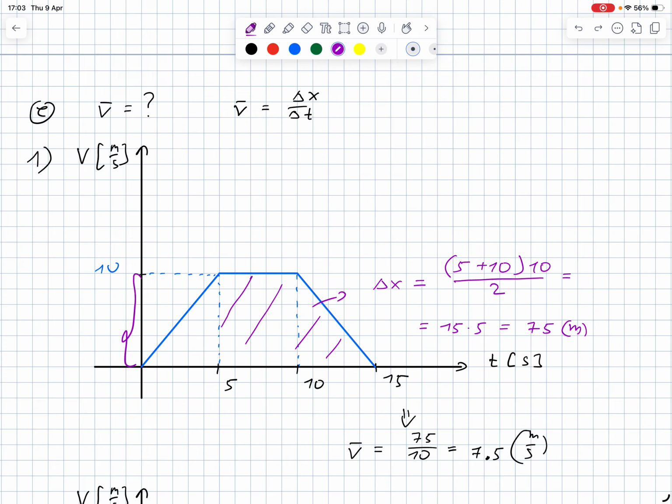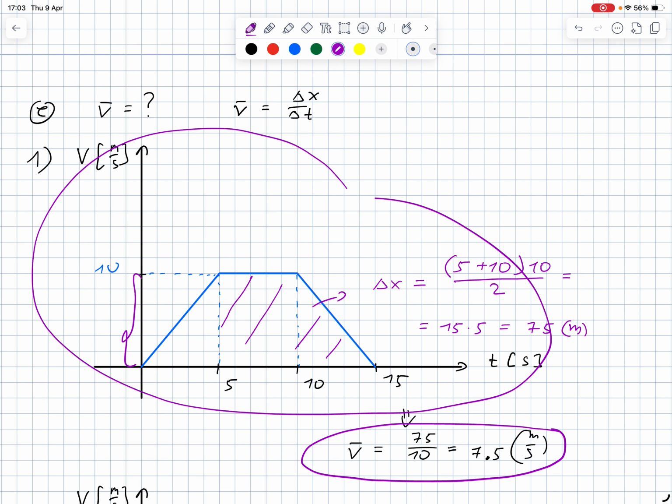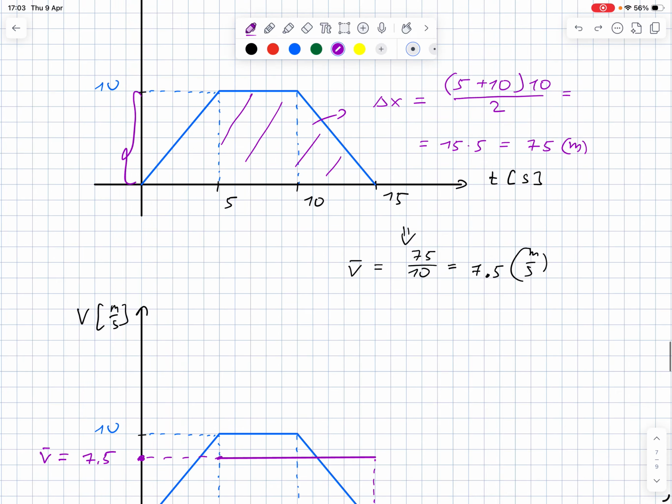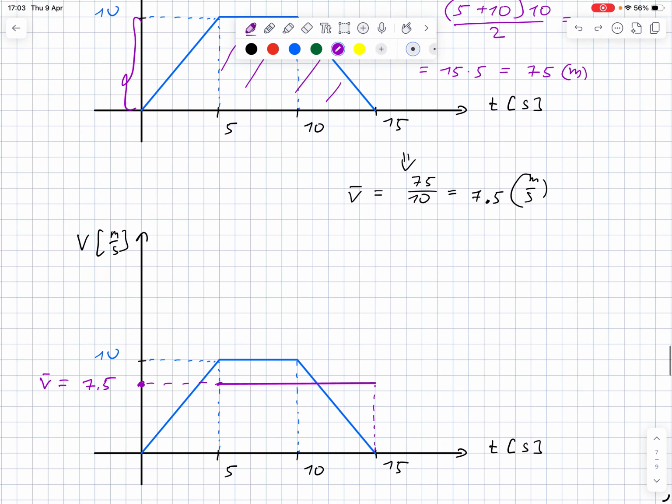Now, sometimes someone can ask, okay, how can you add this value in the graph of v of t? It's not so hard, because as I explained before in previous videos, average velocity is something like, you can ask what will be the constant velocity that I can travel with from the initial time to the final time, but I will not change my velocity.